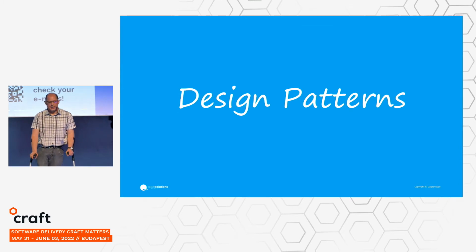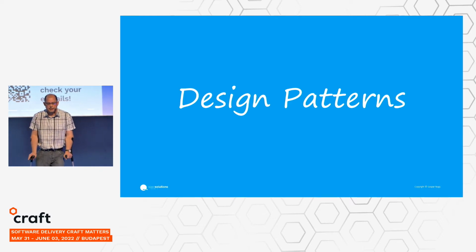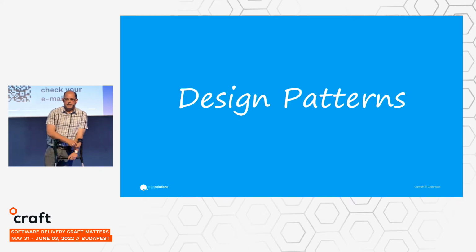So, as I said, the concept of design patterns was introduced by Christopher Alexander in 1977, and he was borrowing these words from architecture. In architecture, you cannot really figure out things for every single house you design, because that would take too much time.